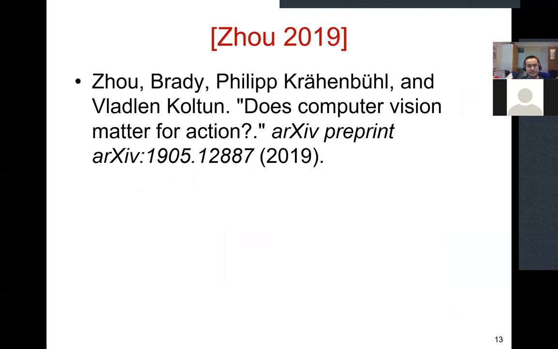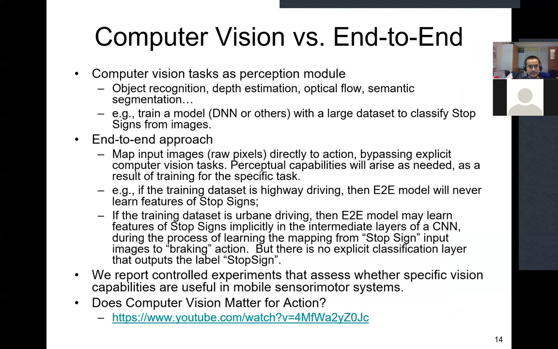Does computer vision matter for action? So computer vision versus end-to-end. We talked about the autonomous driving pipeline. You have the modular pipeline approach versus the end-to-end approach. If you have computer vision as a separate perception module, it may perform tasks such as object recognition.